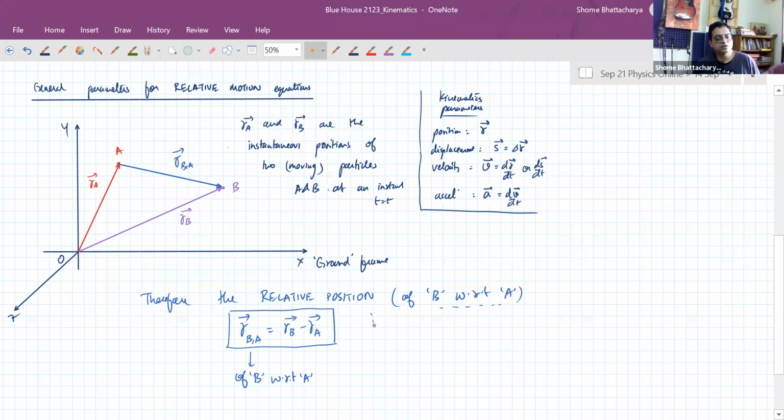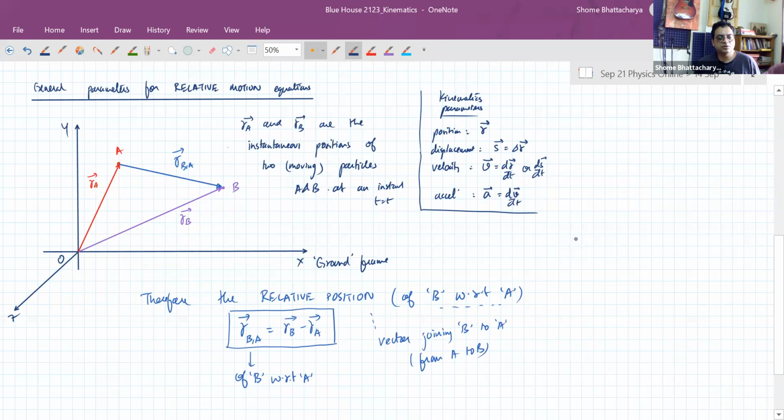This relative position is the vector joining from A to B. So therefore, as a vector formula, it becomes like this.